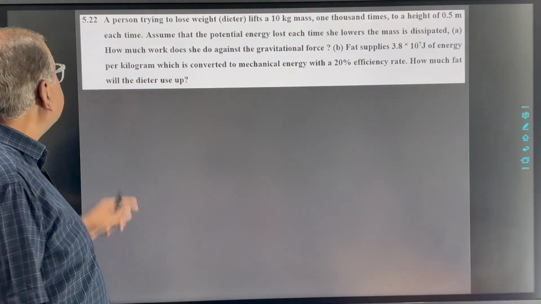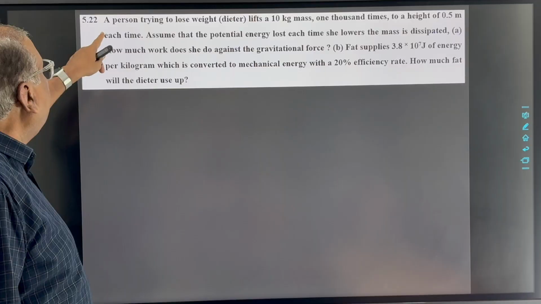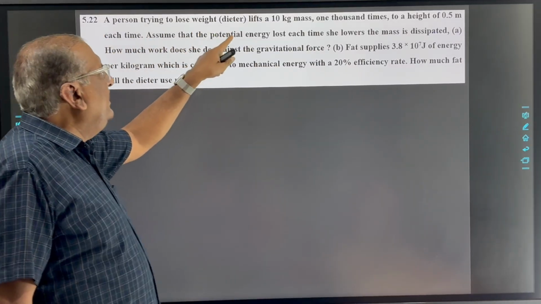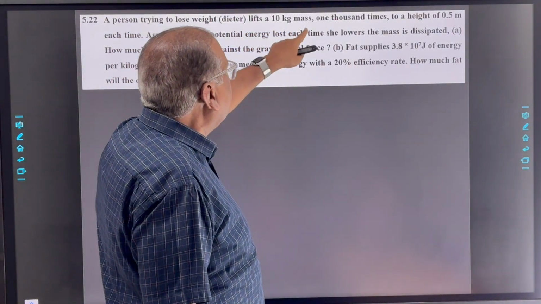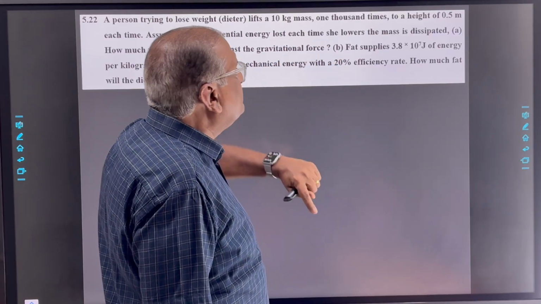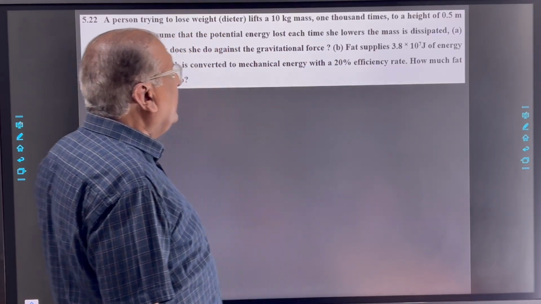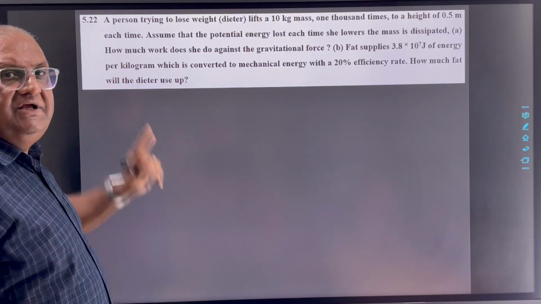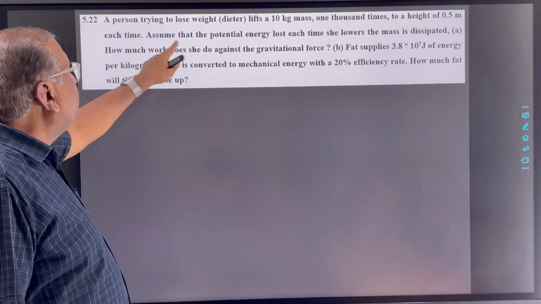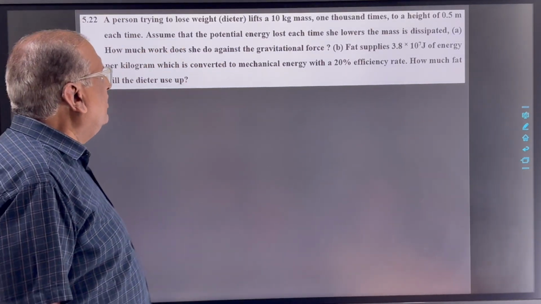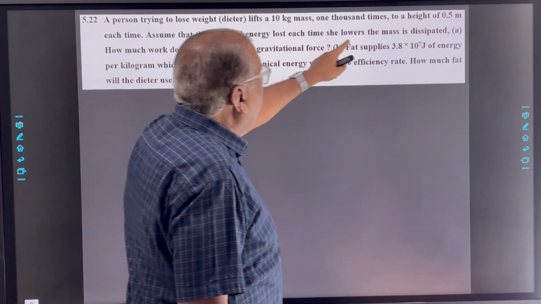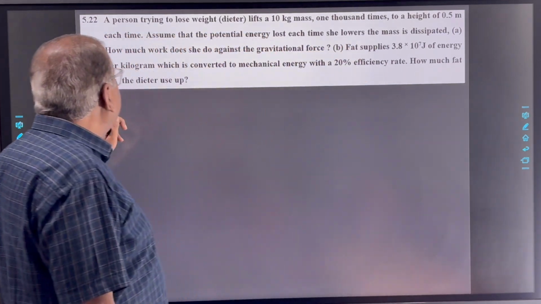Now exercise 5.22. A person trying to lose weight dietary lifts a 10 kilogram mass 1000 times to a height of 0.5 meter each time. Assume that the potential energy lost each time she lowers the mass is dissipated.